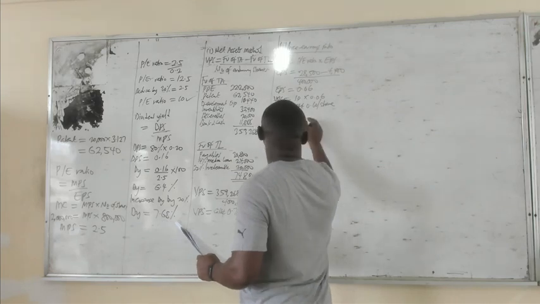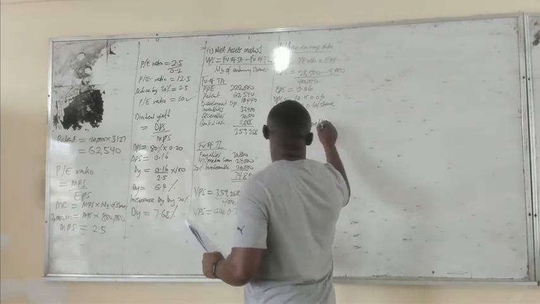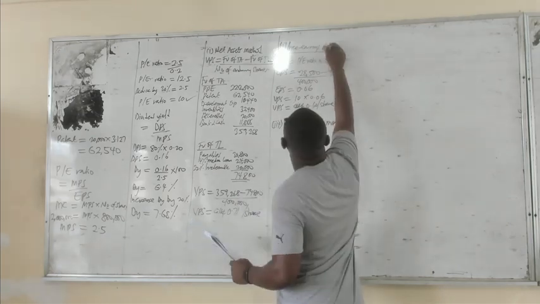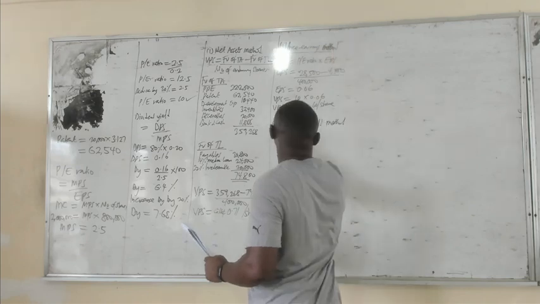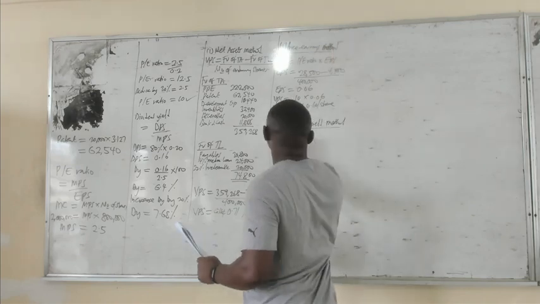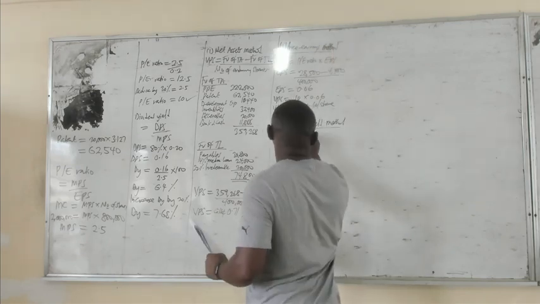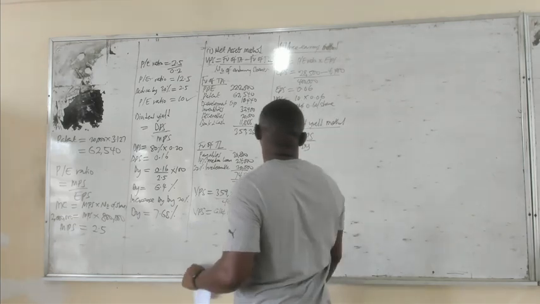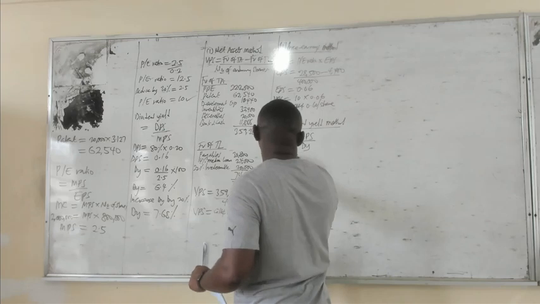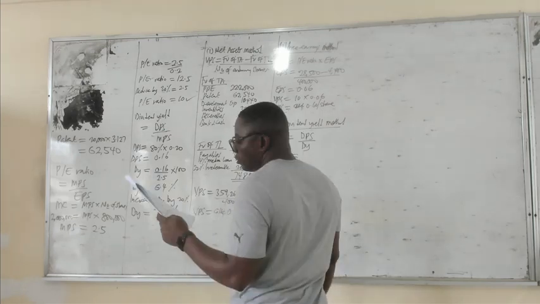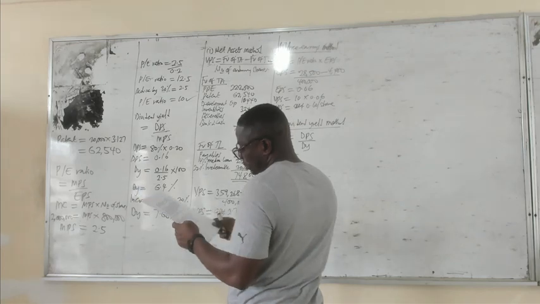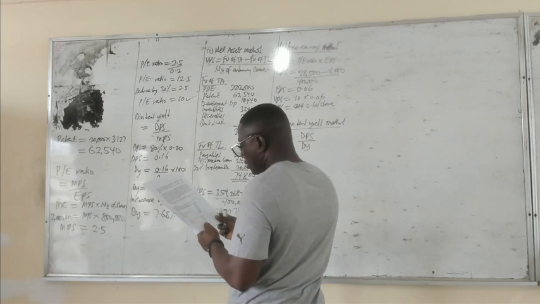Dividend yield method. The value per share is equal to dividend per share divided by the dividend yield. So dividend per share, what was the total ordinary dividend? If you go to the dividend paid, have you seen the dividend paid? 4,400.